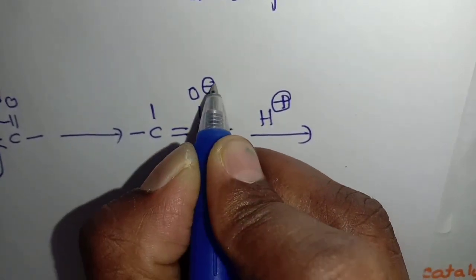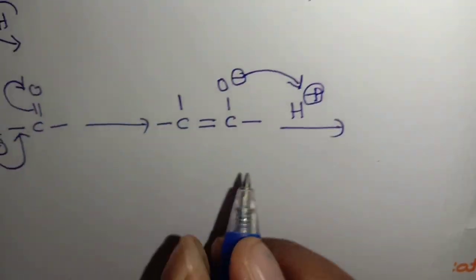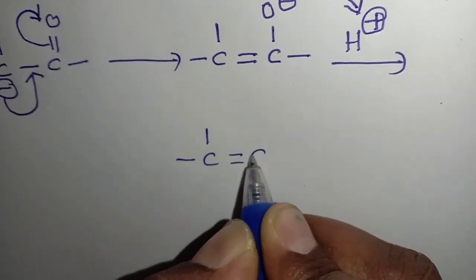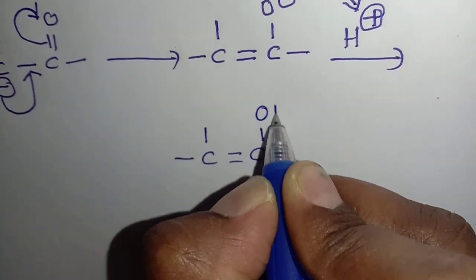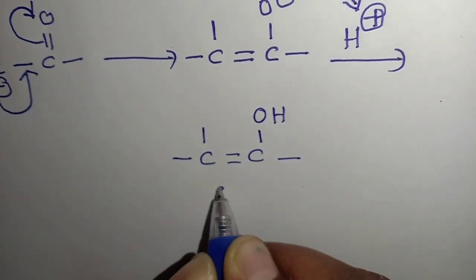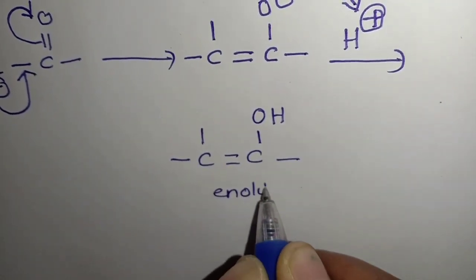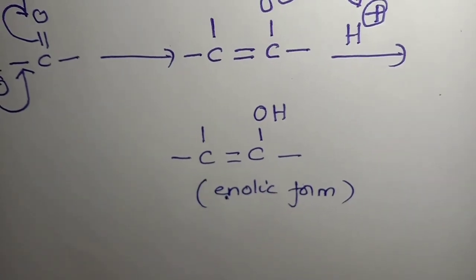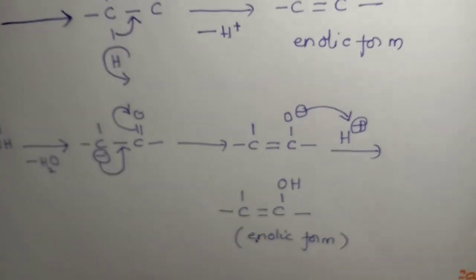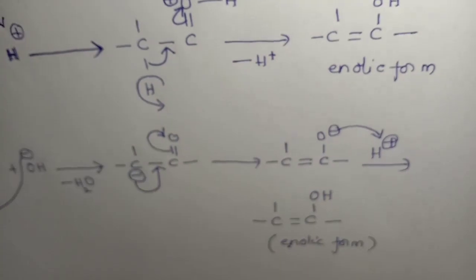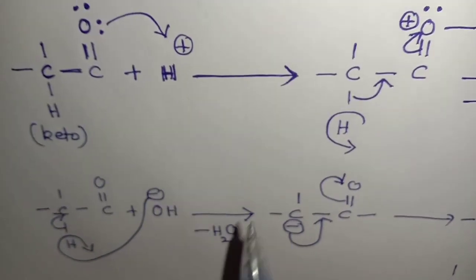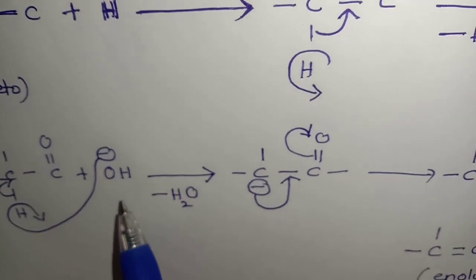This H plus goes to O minus, resulting in the formation of C double bond C, OH. This is called the enolic form. So keto-enol tautomerism can take place in the presence of an acid as well as in the presence of a base.